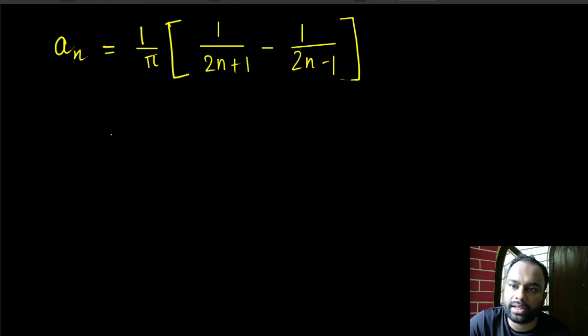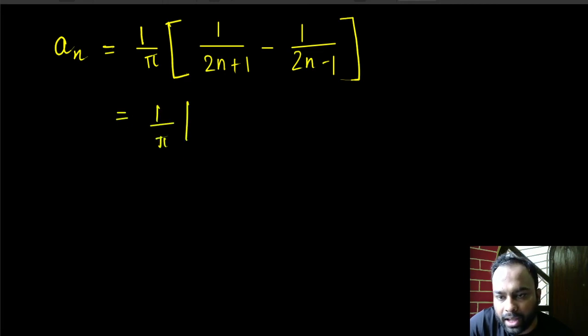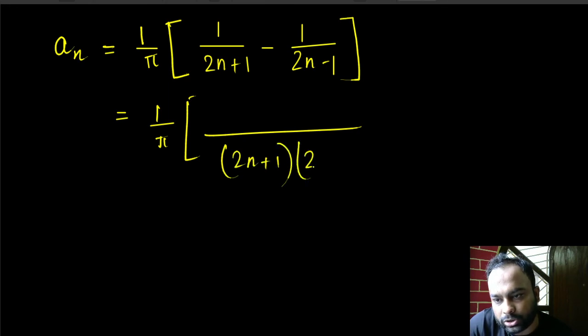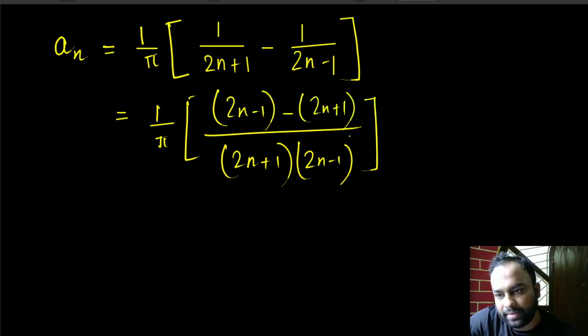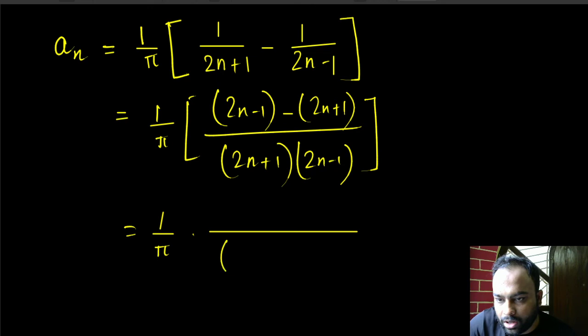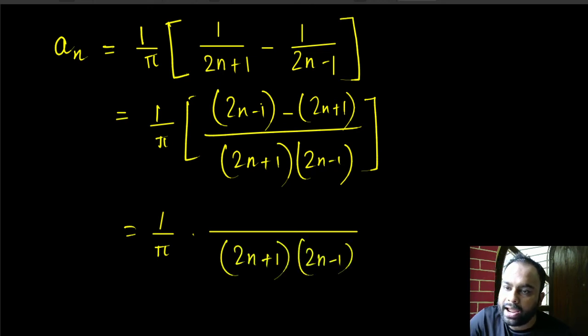In any case, that's 1 by pi, and it's 2n minus 1 minus 2n plus 1, and that simplifies to 1 by pi into 2n plus 1, 2n minus 1, and this is going to be minus 2.